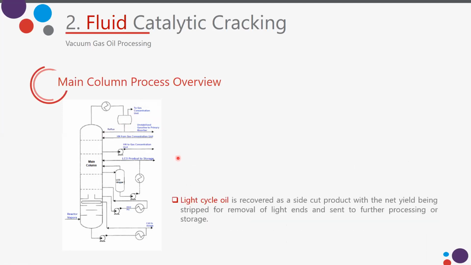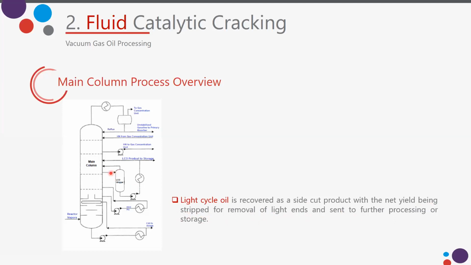Remember that we saw that in this column we also have the light cycle oil and the clarified slurry oil. The light cycle oil is recovered as a side-cut product, with the net yield being stripped for removal of light ends and sent to further processing or storage.